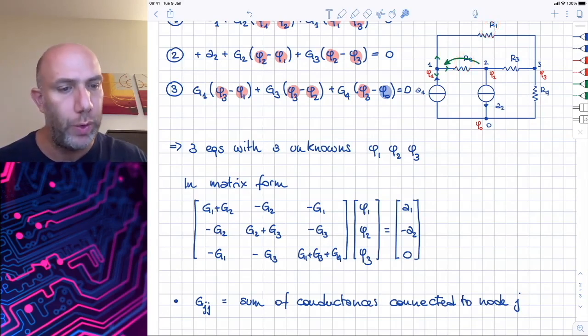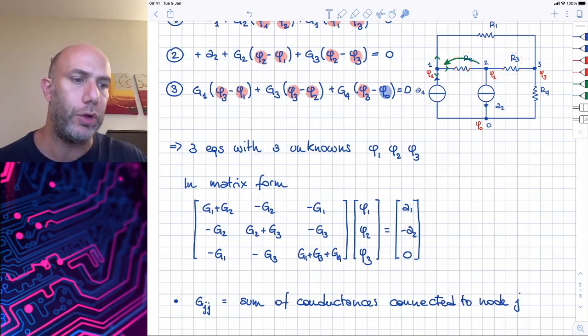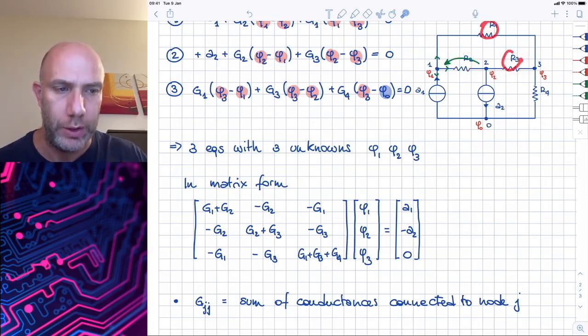For node 2 we have G2 plus G3, and for node 3 we have G1, G3 and G4.